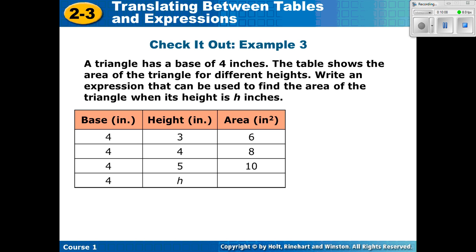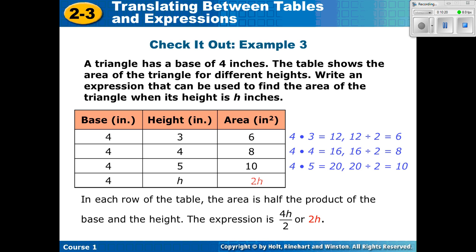So just like in the last problem we did, 4 times 3 is 12. Divided by 2, that is 6. And this would be the same all the way down. So what would we write? Yes, we would write 2h. Or you can write 4h over 2.